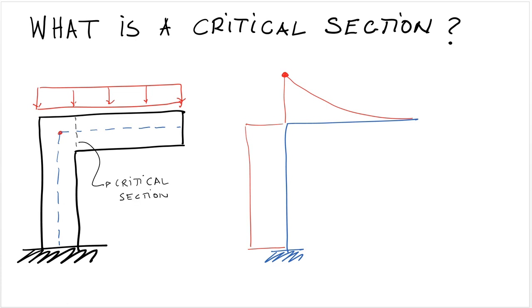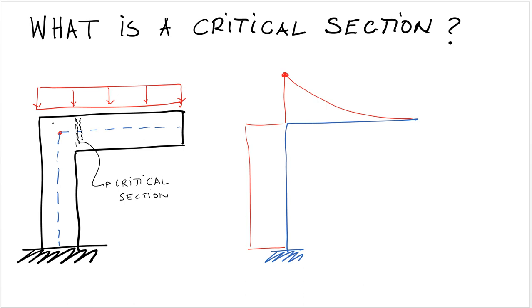Why? Because when this beam cracks due to this load, the crack will occur right there, at that face. It won't occur in here. It will occur right at the face.